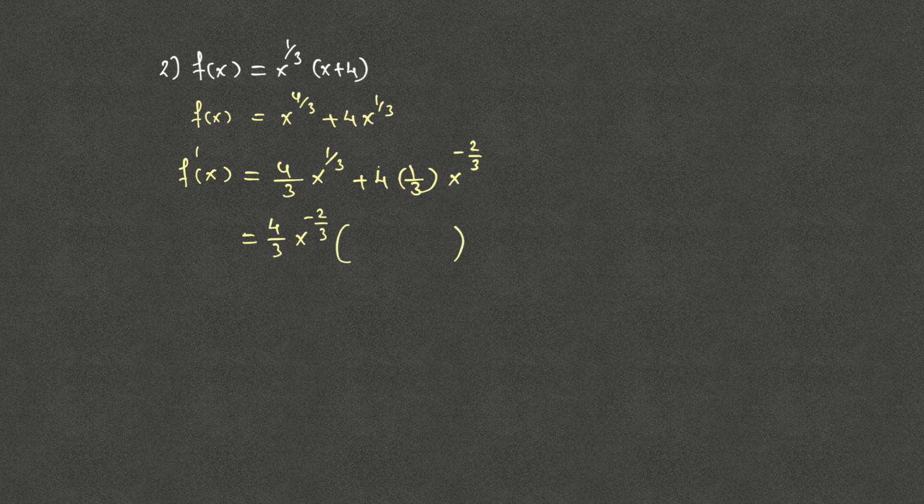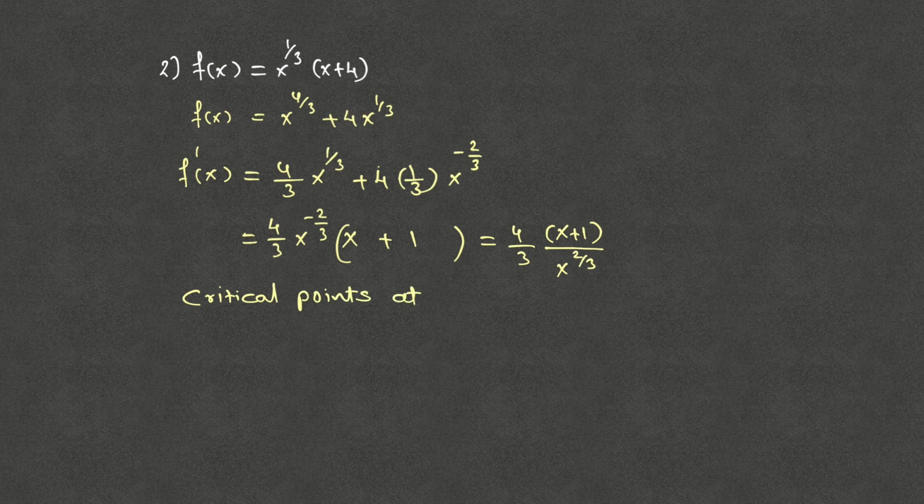Taking common factor and rearranging, we obtain f prime of x equals 4/3 x to the negative 2/3 times x plus 1, which is 4/3 times x plus 1 divided by x to the 2/3. The critical points are at x equals negative 1 and at x equals 0. Let's label the first derivative a.